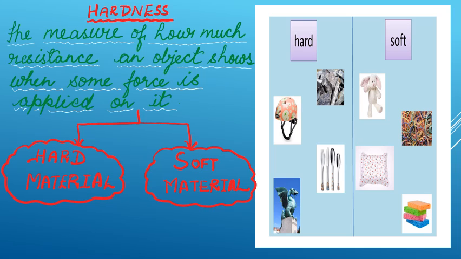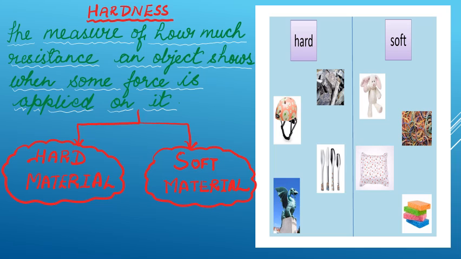Now press these objects one by one with your hand and observe them carefully. You have to observe each and every object. What will you observe? You will see that the objects like cotton, wool, and sponge were very easy to press, and on pressing, they changed their shape too.